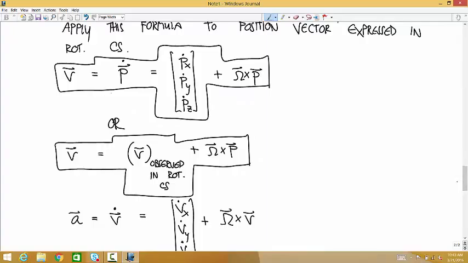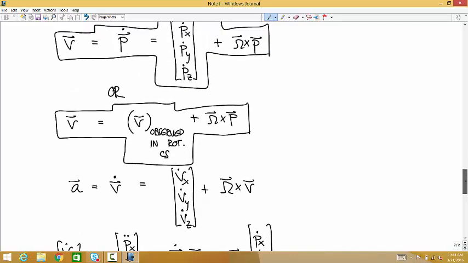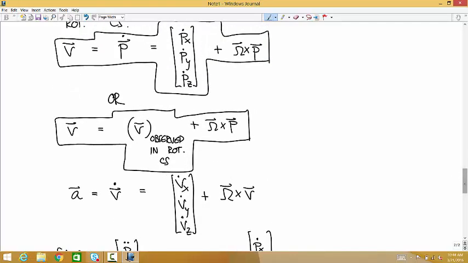Well, that's only the first part of using this formula. Now we have to deal with the cross product of capital Omega with the velocity vector. And this is the velocity vector.